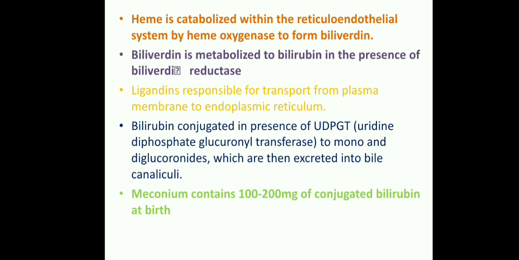Heme means hemoglobin. Hemoglobin is divided into heme and globin. The heme is catabolized in the reticuloendothelial system by heme oxygenase to form biliverdin. What is the function of biliverdin?